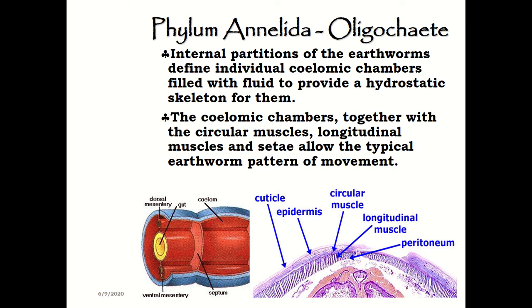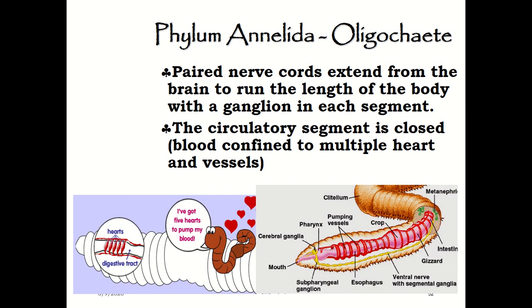The coelomic chamber, together with circular muscles, longitudinal muscles, and setae, allows the typical earthworm pattern of movement. They also have a pair of nerve cords that extend from their brain and run the length of the body with a ganglion in each segment.